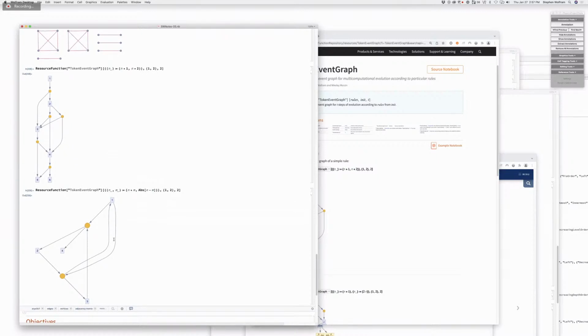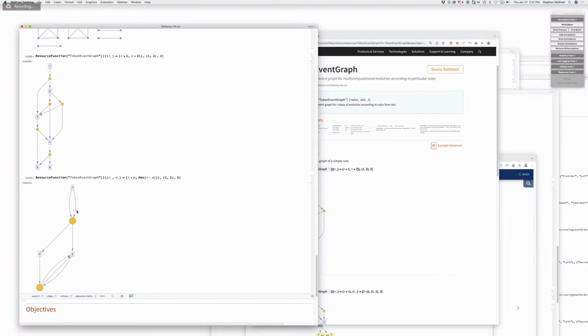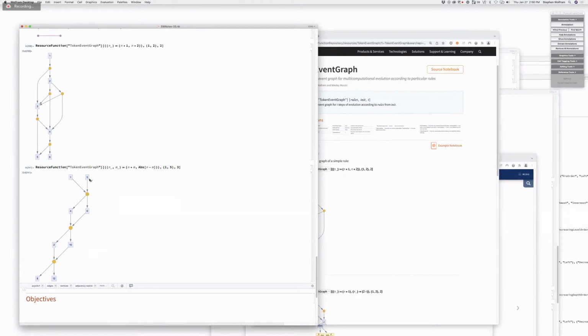Let's start off from the state 1, 1. It's rather boring, but what's happening here is that at every event, two tokens are being picked up and combined in the event, which is then emitting two other tokens.